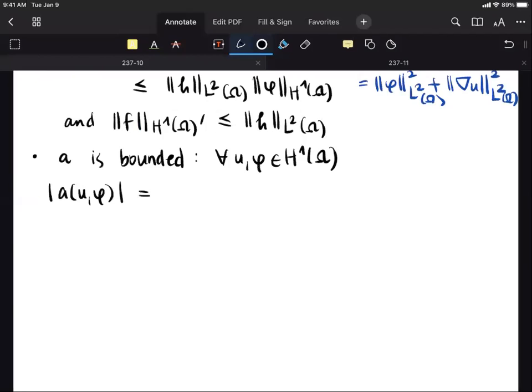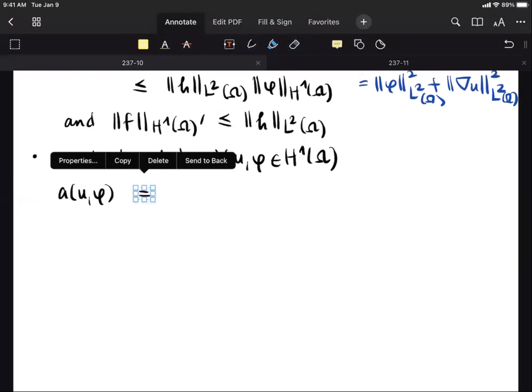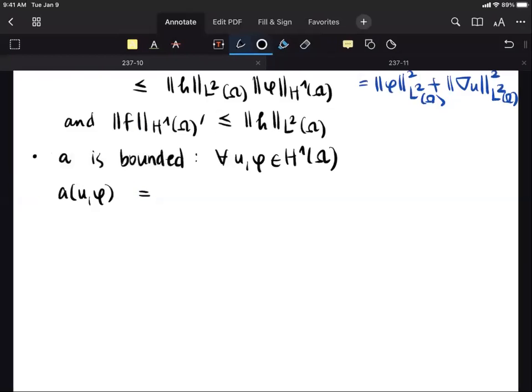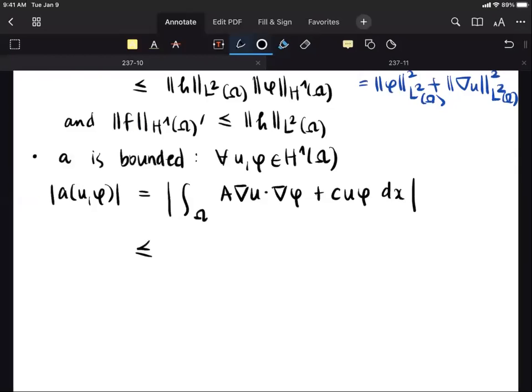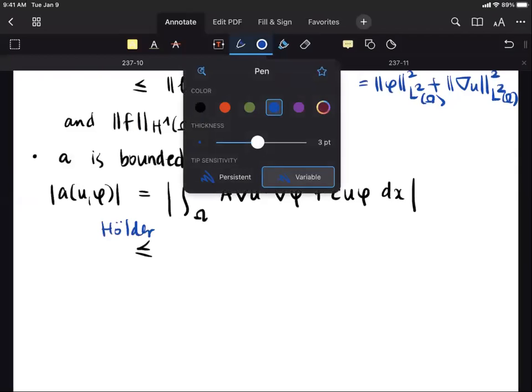Since we are in the real case, applying the definition of your bilinear form, you now apply Hölder's inequality.